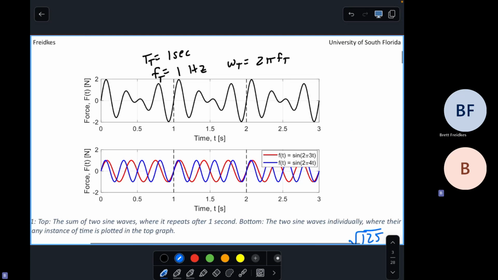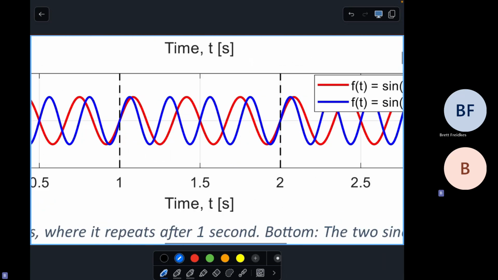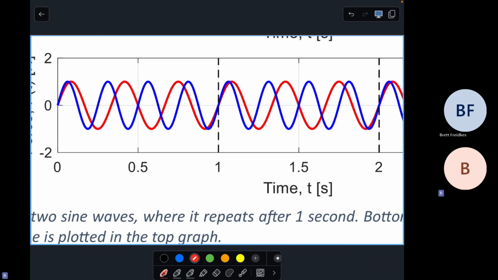If we come back to this graph, let's just look at the red one, which is the 2 pi of 3t. So if you look, maybe I'll do it in black. That is 1 period of motion.